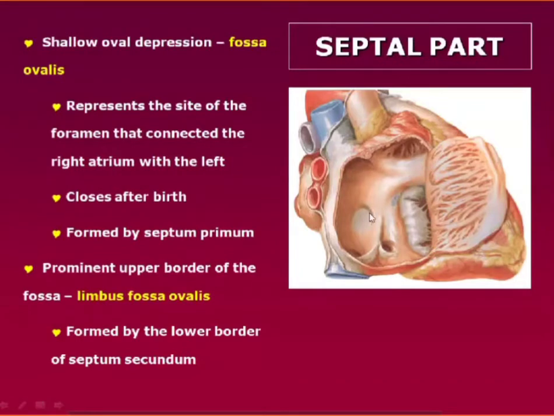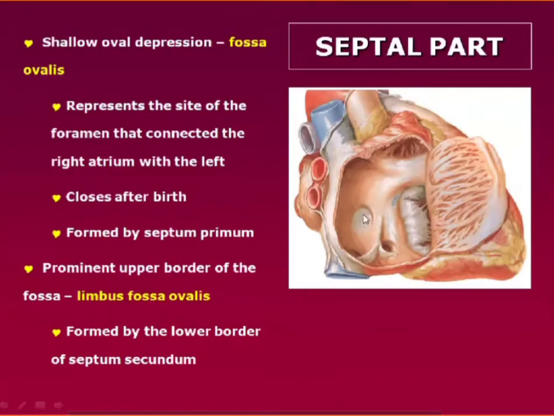Here, in between the right atrium and the left atrium, you find what is called the fossa ovalis. Right? The septum, where is it present? It is present between the right atrium and the left atrium. And in it you find what is called the fossa ovalis.